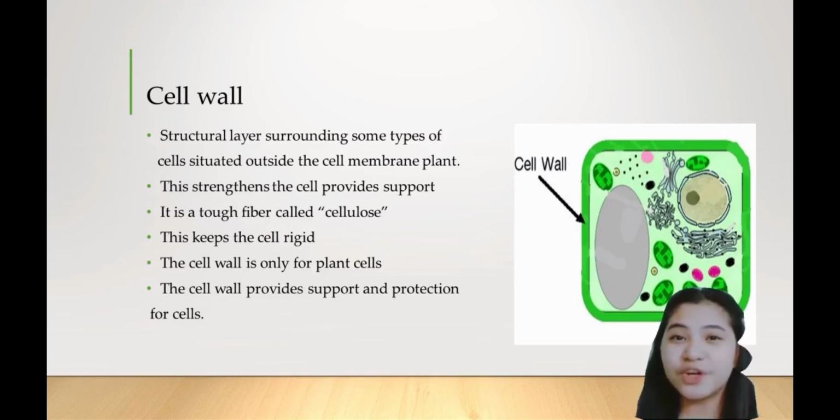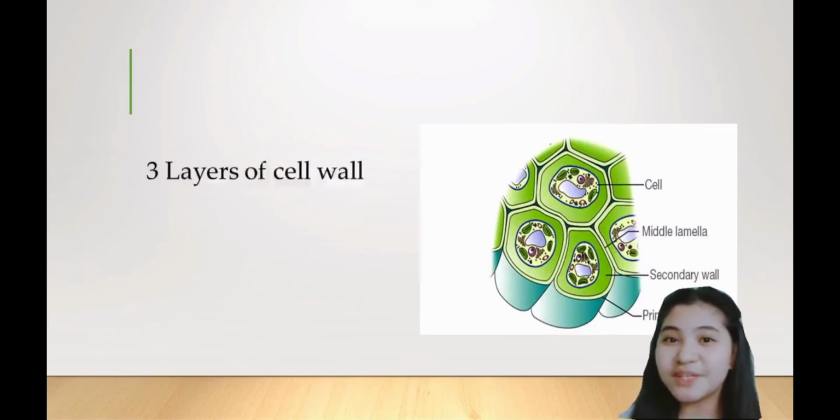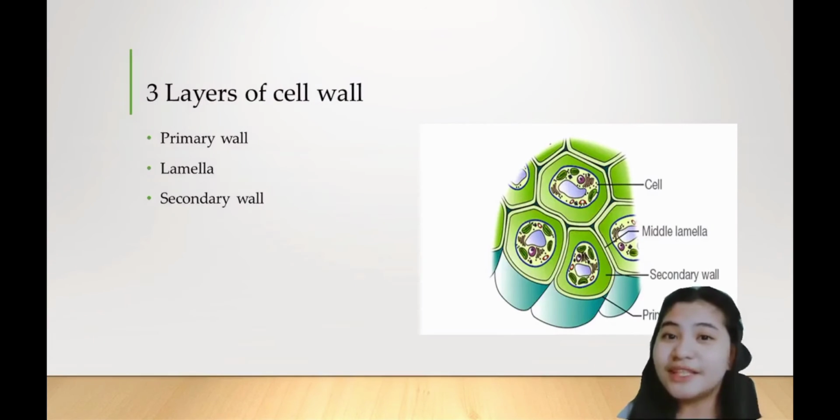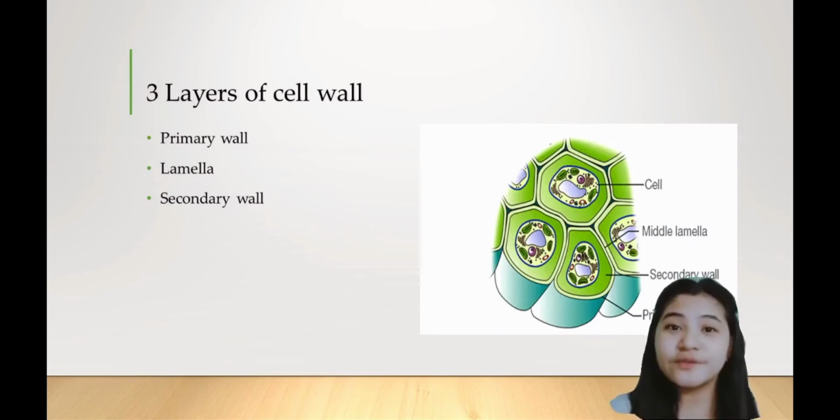The cell wall provides structural strength and support and also provides a semi-permeable surface for molecules to pass in and out of the cell. A typical plant cell wall is composed of 3 layers, namely the primary cell wall, the middle lamella, and the secondary cell wall. The primary wall consists of cellulose, peptide compounds, and non-cellulosic polysaccharides and molecules.